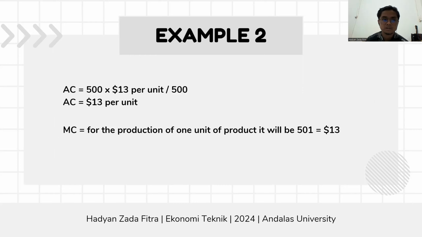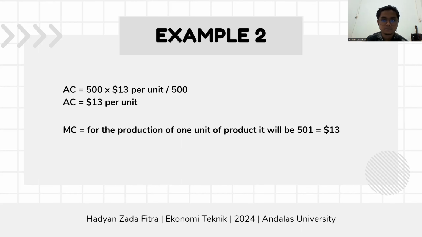So the average cost for this case is $13 per unit. The average cost is the cost required by a company to produce 1 unit of a good. So for 1 unit of the good, the price is $13 per unit. So the average cost is $13.